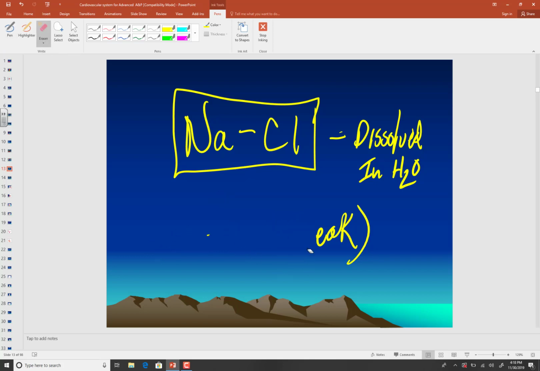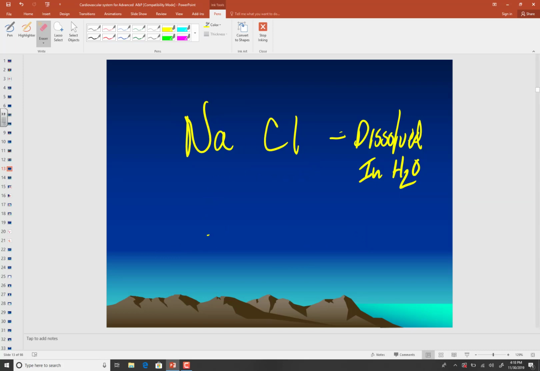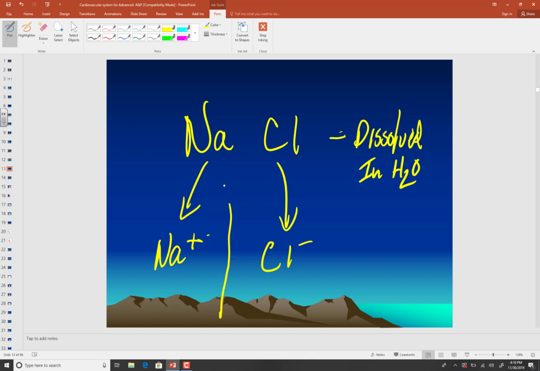And when those weak ionic bonds get broken apart by getting dissolved in water, they will form an atom with a positive charge and an atom with a negative charge. So anytime you have a positive and a negative charge separated by a cell membrane, right? That cell has the potential to produce electricity.